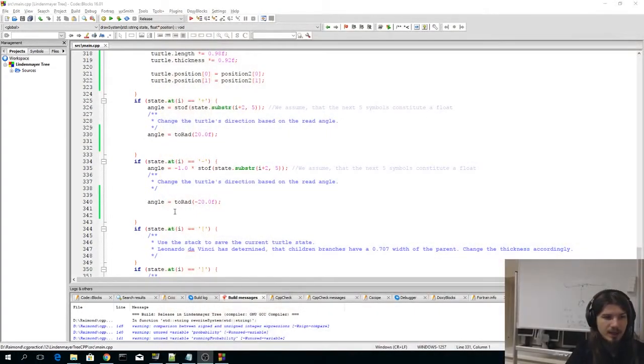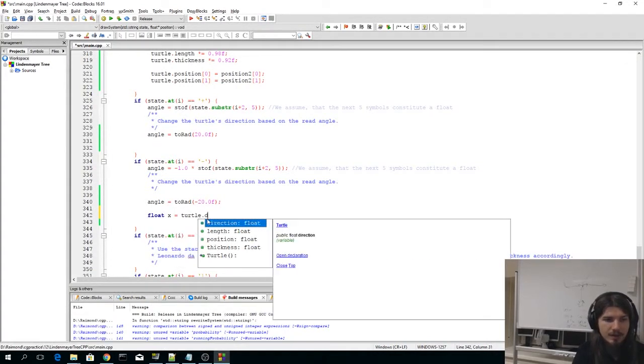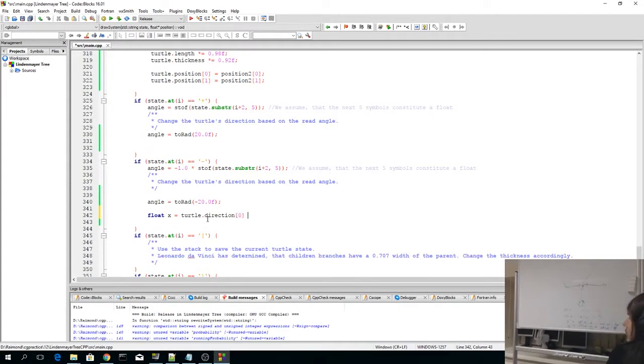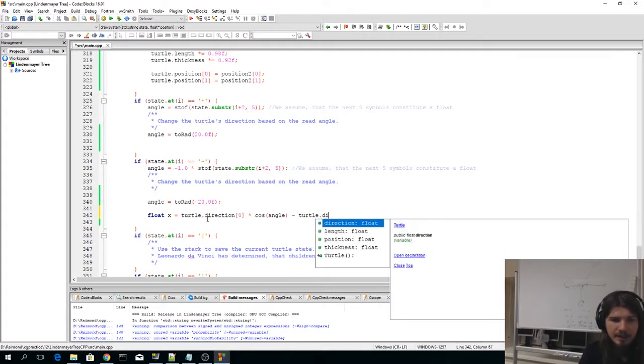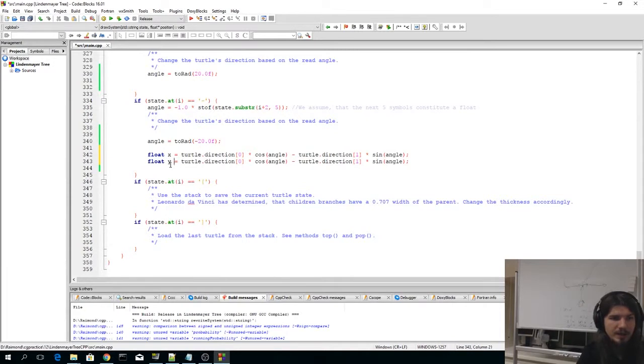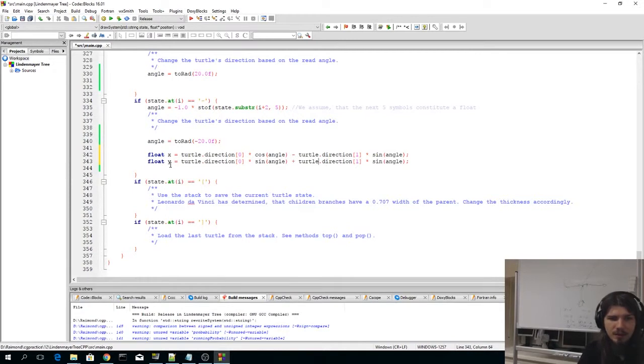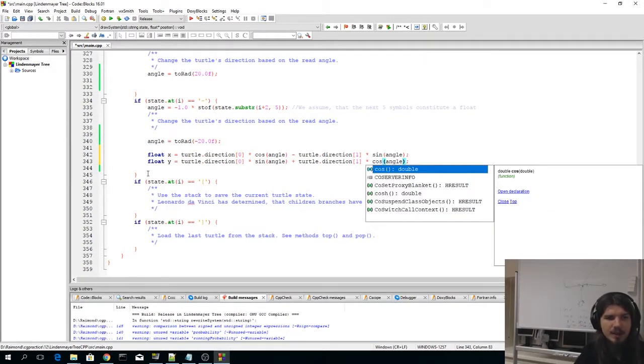So now we want to rotate our turtle direction, and we need to have another value. Let's say x is turtle direction x, and what did we write? We multiply this by the cosine of the angle, and we subtract from this the turtle direction y, and we multiply this by the sine of the angle. And we also find the y, which is now x coordinate multiplied by the sine of the angle plus the y coordinate multiplied by the cosine of the angle.